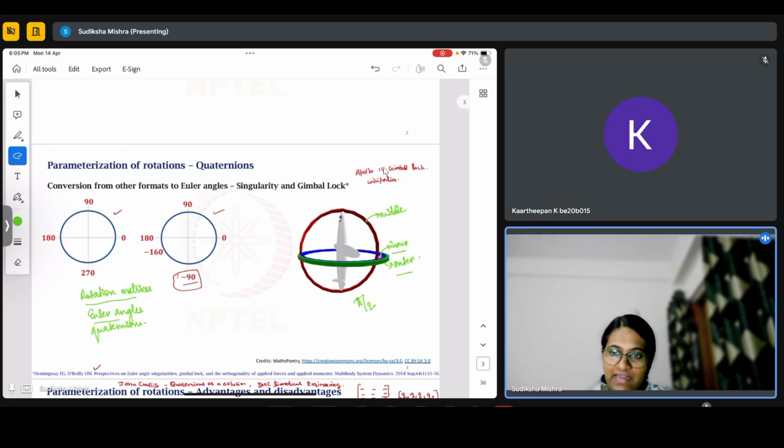Euler angles have the problem of gimbal lock, and quaternions are kind of difficult to intuitively understand because they lie in a 4D hypersphere. They have one real part and three imaginary parts.